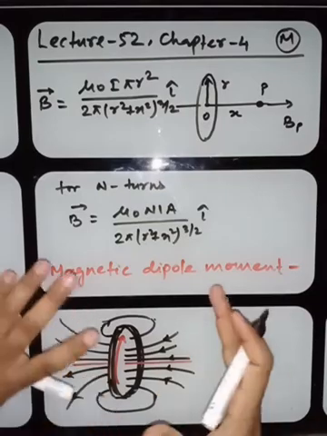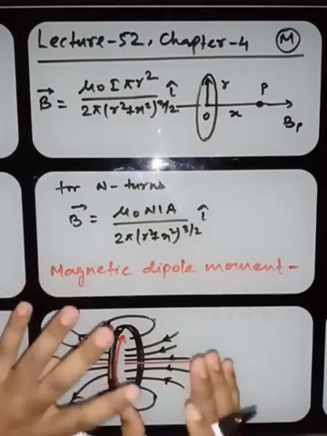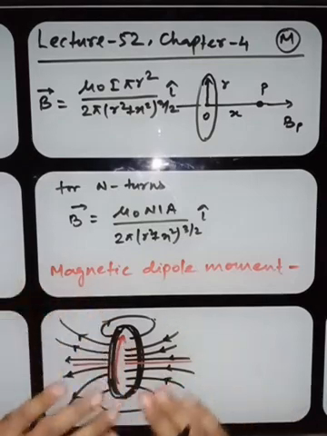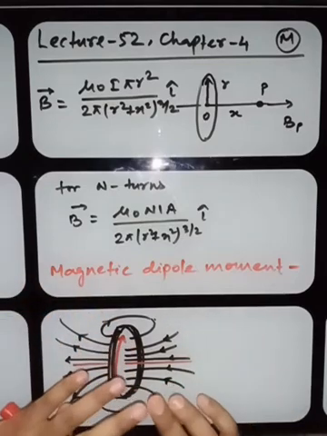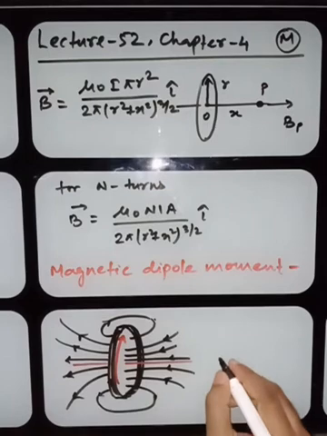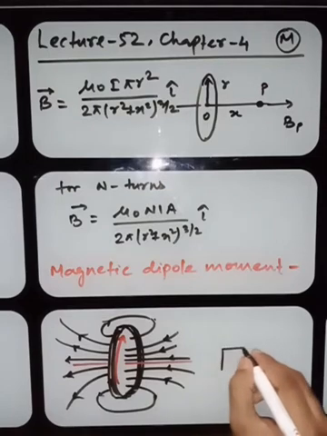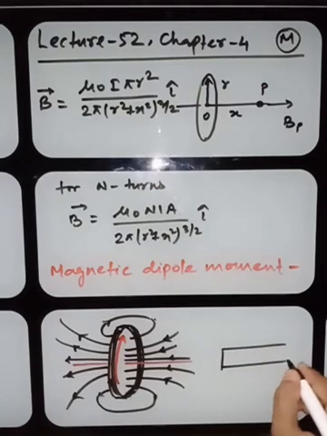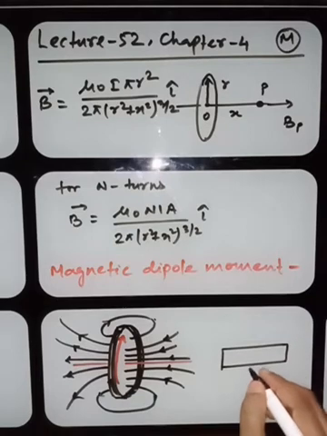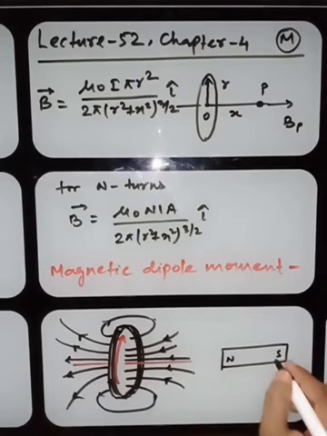Electric field lines never make a closed loop. So, my dear student, you can compare this with a short bar magnet, having a north pole and a south pole.